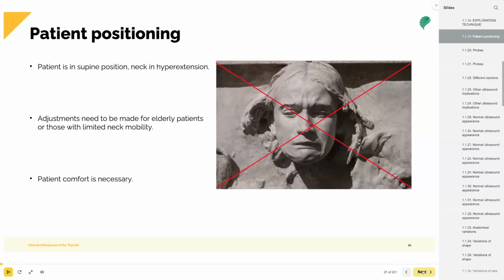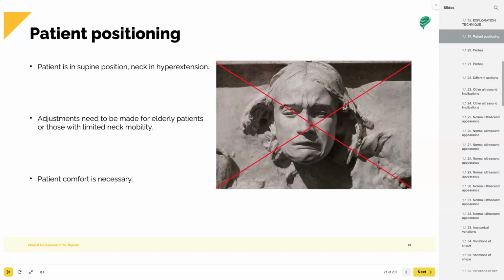Keep in mind if the patient is in a lot of pain or has some type of ailment that is not enabling them to pick their head up, you just try to lay them in the most comfortable position that they can, as far back as they can put their head. I've scanned patients that could not put their head all the way back, and just angling certain ways, the images will come out a little bit clearer.